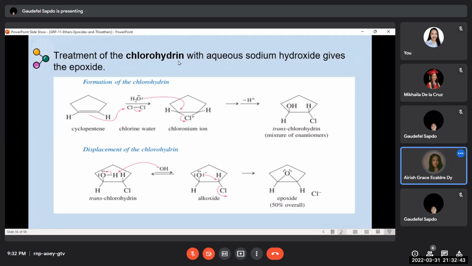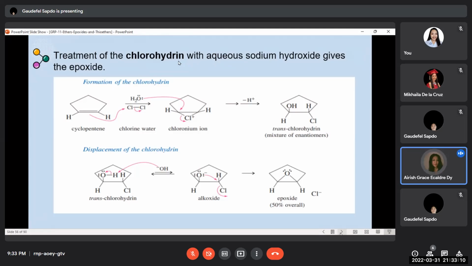Treatment of the chlorohydrin with aqueous sodium hydroxide gives the epoxide. So here in the picture, in the formation of chlorohydrin, the pi bond arrow will interact with chlorine in such a way that one of these chlorine atoms will now be on the molecule.